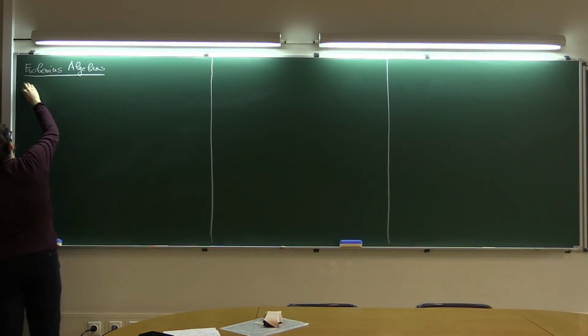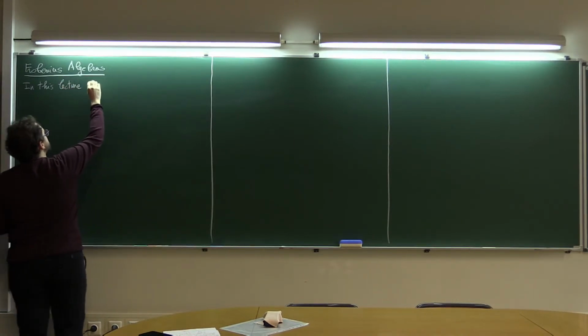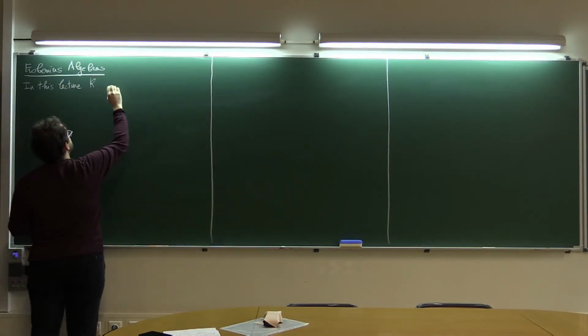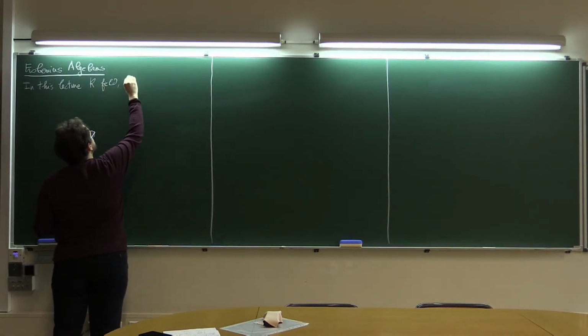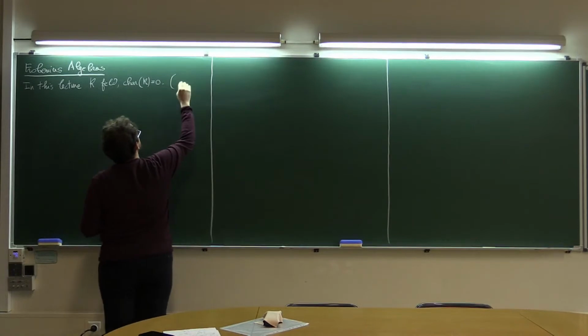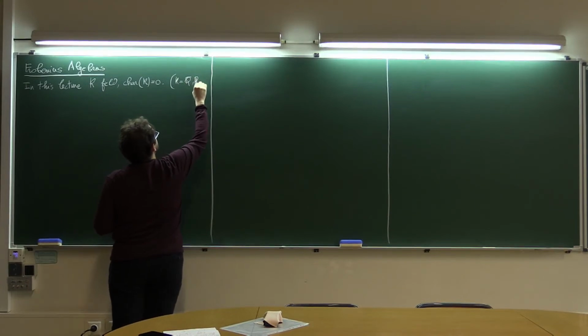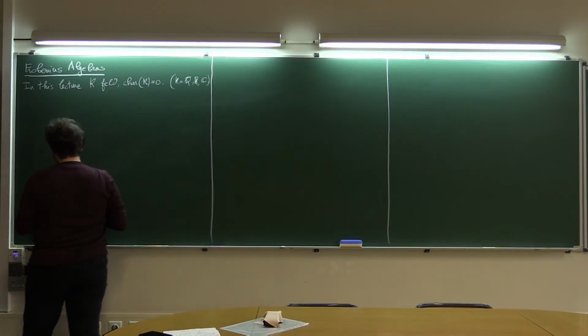So, in this lecture, I will consider a field K of characteristic 0. So, just to fix ideas, you can fix K equal Q, R, C, the one you prefer.